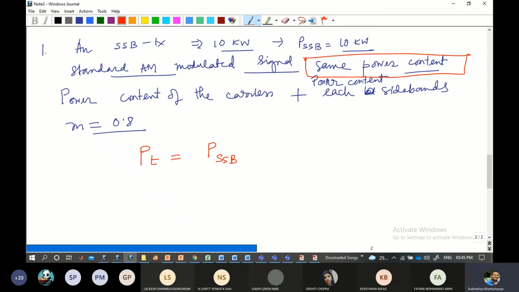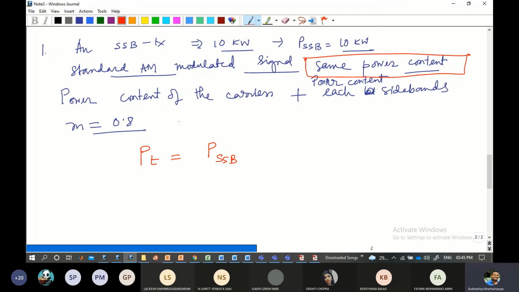We had just discussed that the total power of an AM signal is PT, which consists of carrier power plus USB power plus LSB power. So the total power of a standard AM signal is to be equal to that of the PSSB.